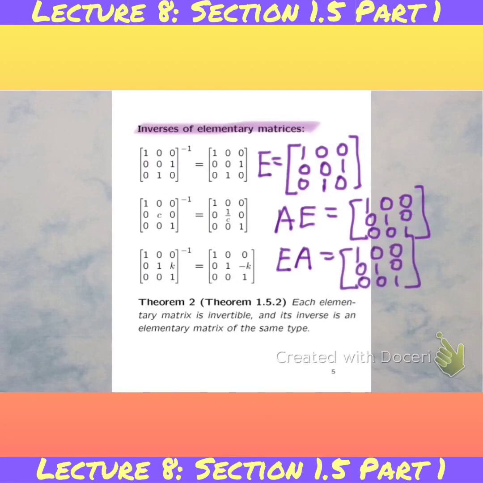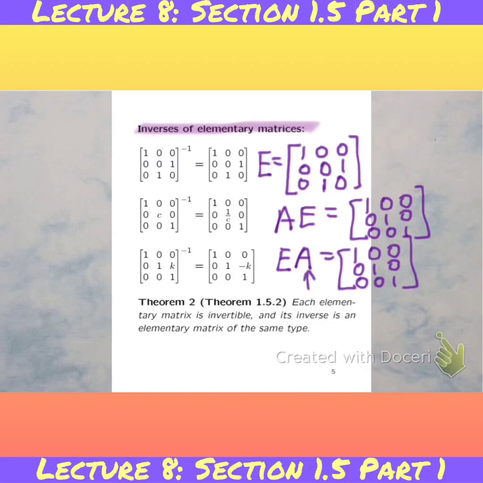Now when that happens, we say that A is E's inverse and E is A's inverse. We know this from section 1.4. So now what we want to do is work out what this matrix A must be. Now they've already given you the answer there, but let's see why that is the case.